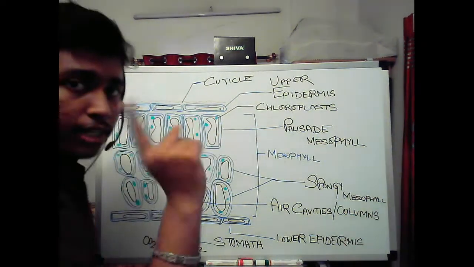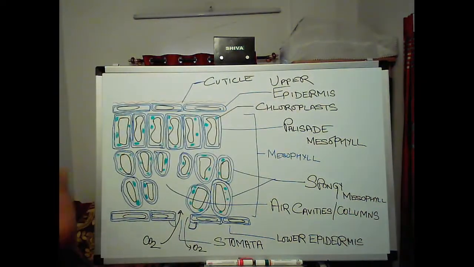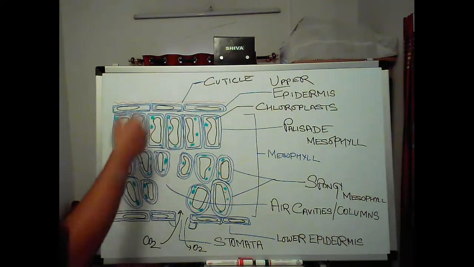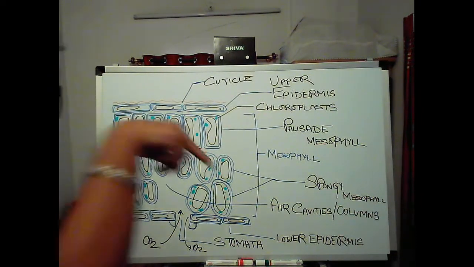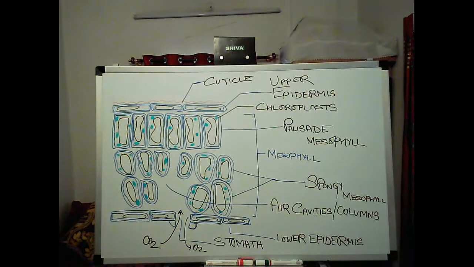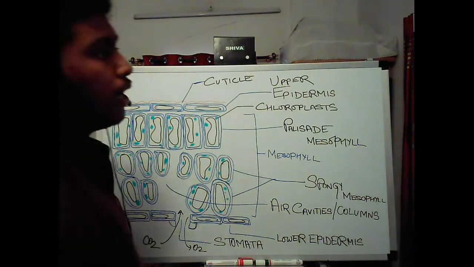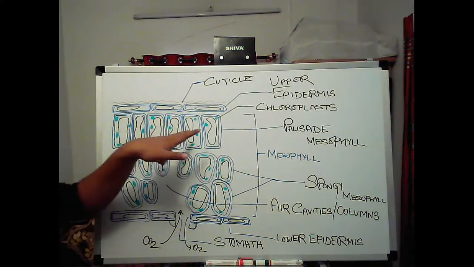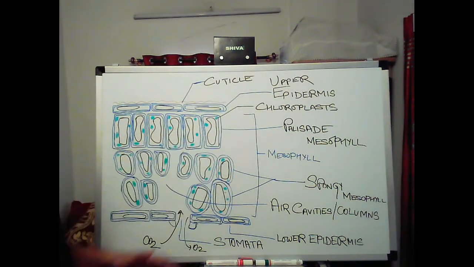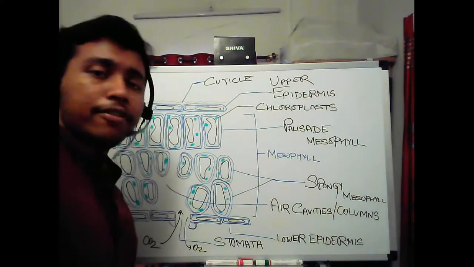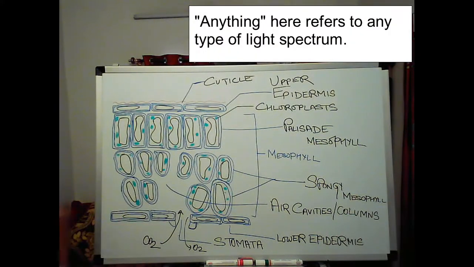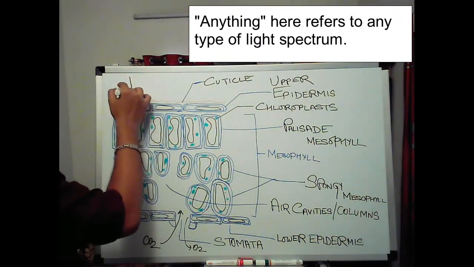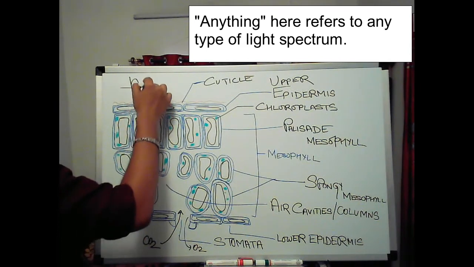Which part of the sunlight is used? The rays of the sunlight are used. The wavelengths are being absorbed now. As a whole, no one can touch light. But anything will have a wave nature, like this.